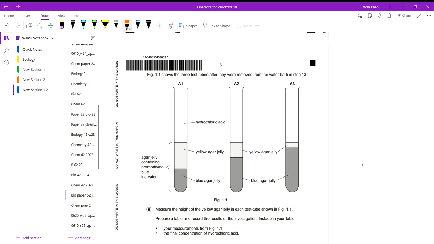So here we take measurements in mm, and we put 10 cm³ of hydrochloric acid in each. So now measure the yellow agar jelly.